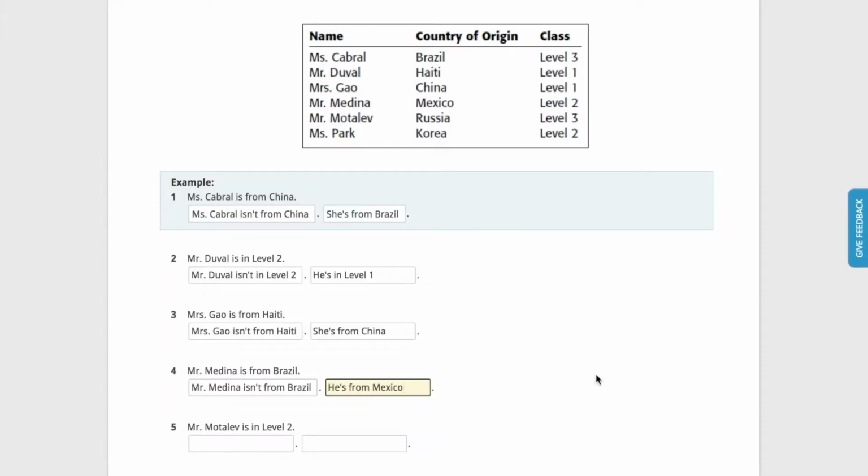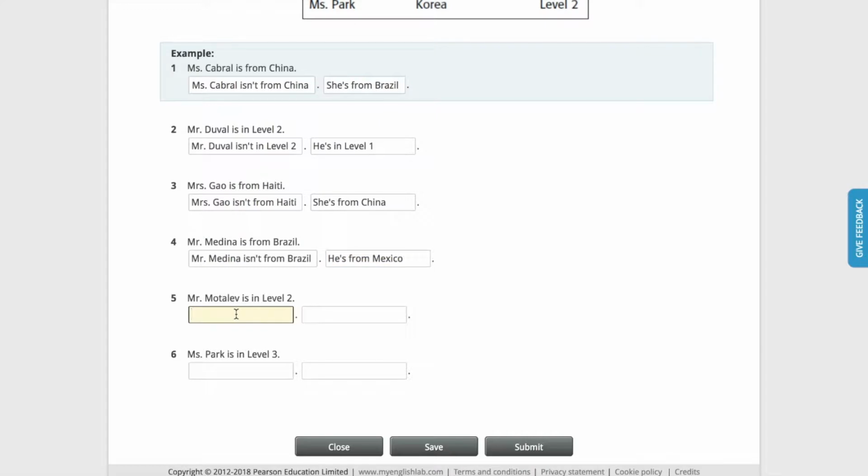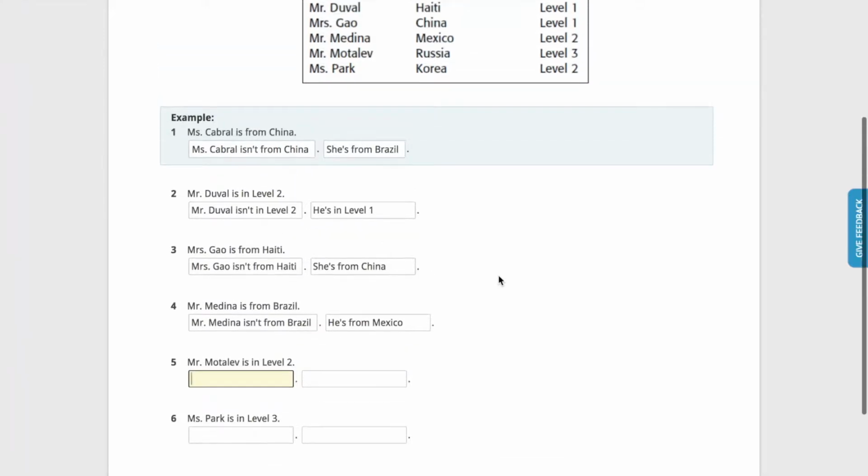All right. Number 5. Mr. Motalev is in level 2. Let's look. Mr. Motalev is from Russia and is in level 3. Okay, well, he's in level 3, not level 2.